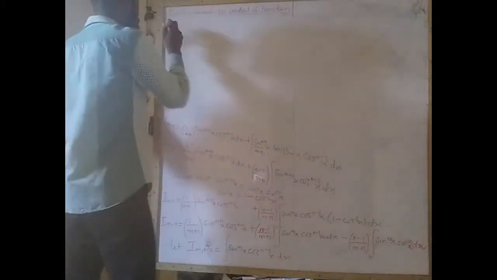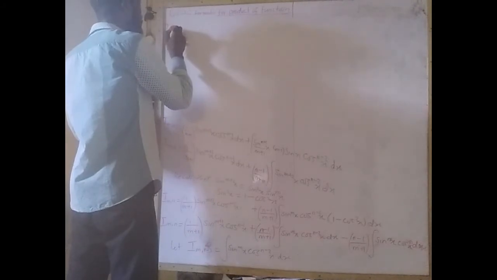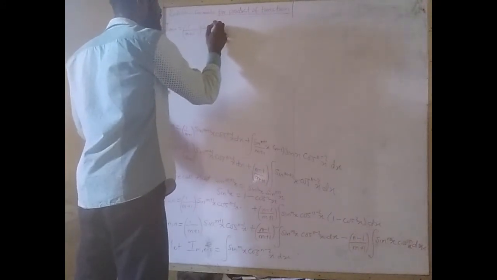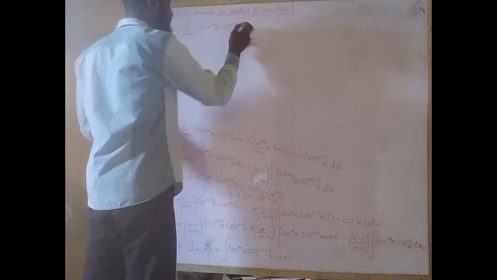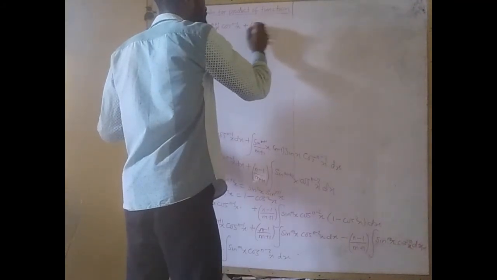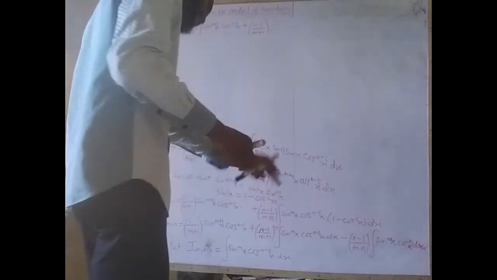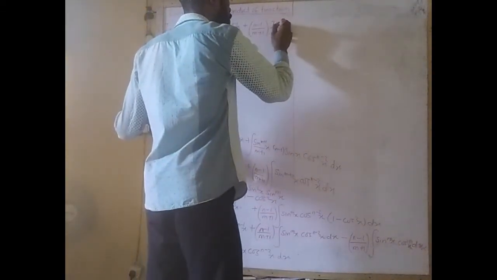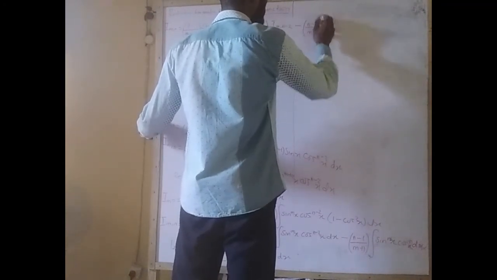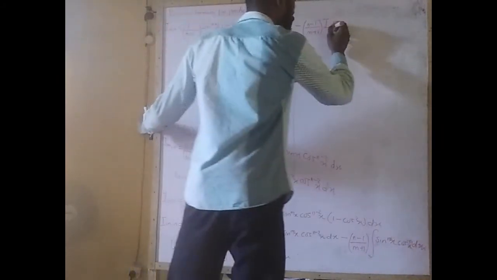My solution will reduce to I(m,n) equals 1 over (n plus 1) sin^(m+1) x cos^(n-1) x plus (n minus 1) divided by (n plus 1) I(m,n-2), minus, if I look at this other side, it's just like in the given function, (n minus 1) divided by (n plus 1) I(m,n).